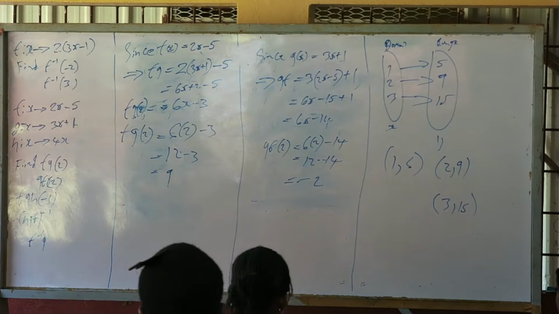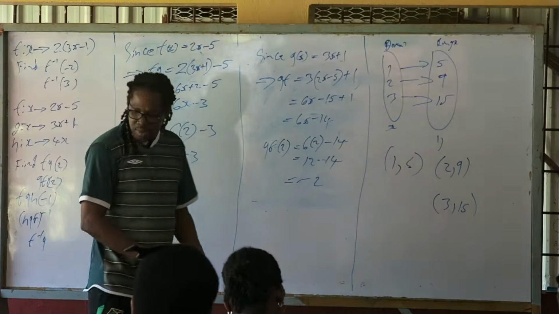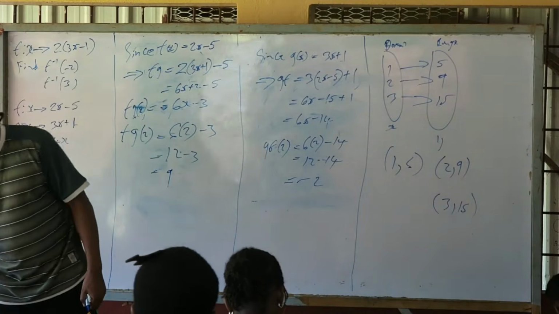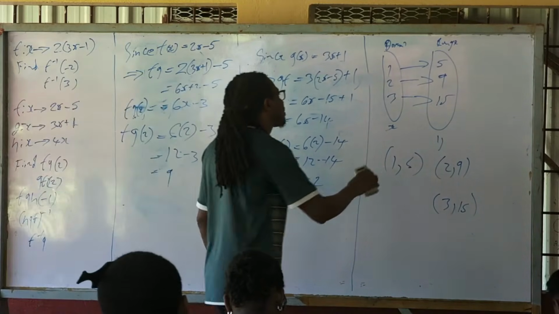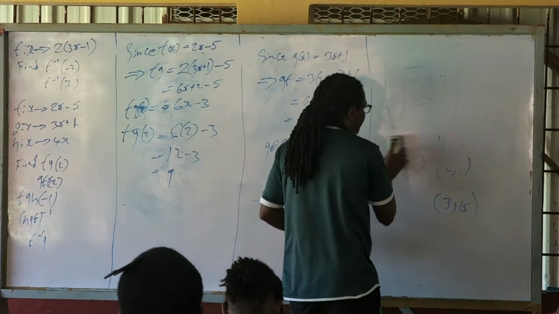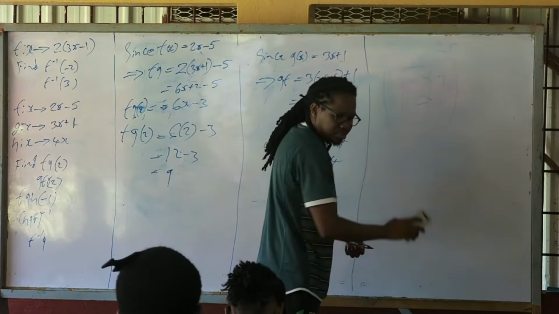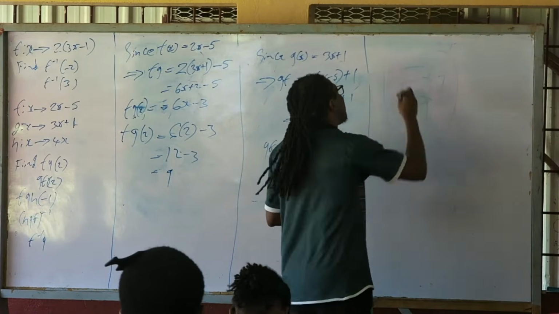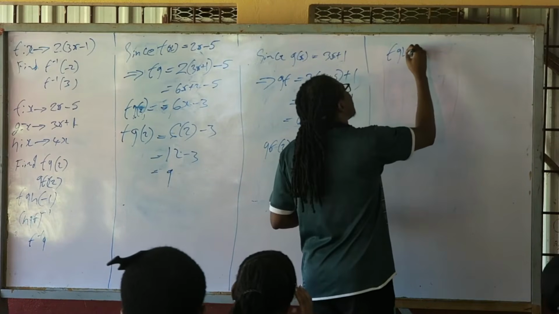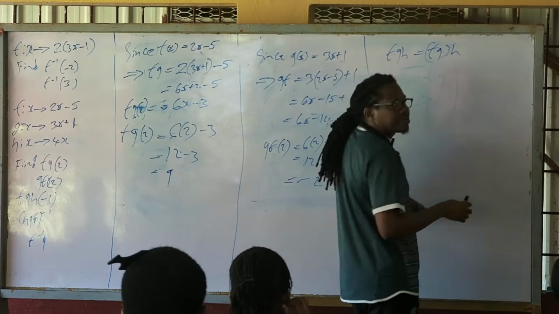What about this one? F of g of h. So this is a triple composite. F of g of h is equal to f of g bracket h.